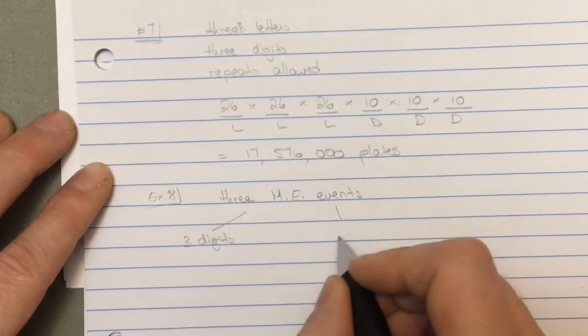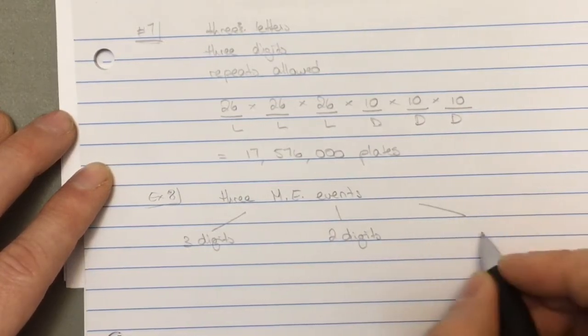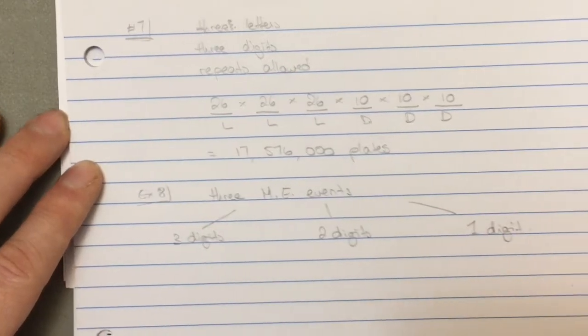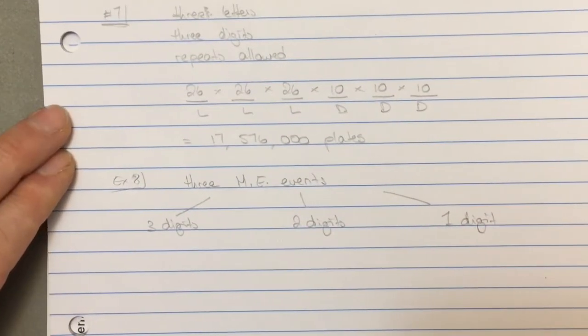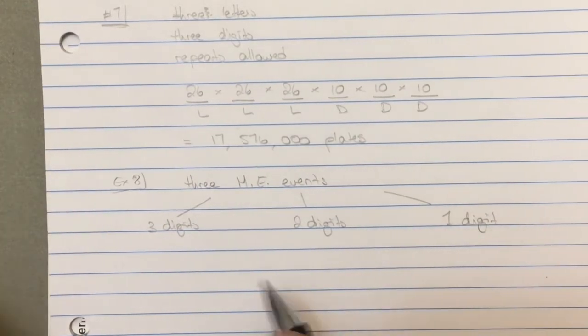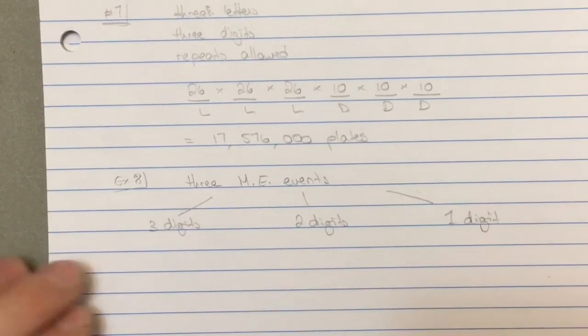The second one is where we have 2 digits. And the last one is where we only have 1 digit. And those are our 3 mutually exclusive events. The reason why those are mutually exclusive hopefully makes sense, because here we have 3 events, here we have 2 events, here we have 1 event.